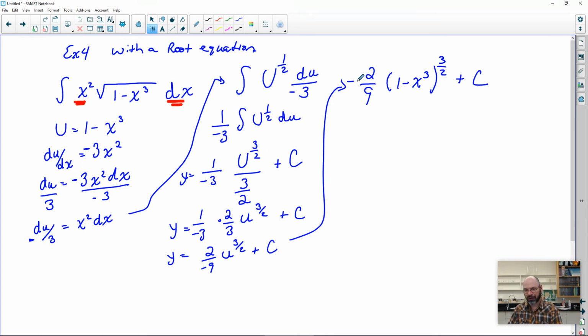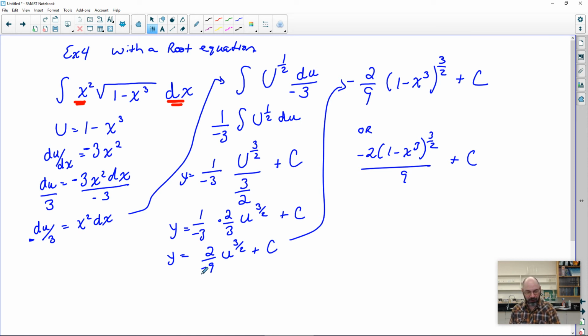Some books will write it as negative 2 times this, and then this all over 9. So it could be written like this. You might see it in this form. Same thing. It could be written in either of those.